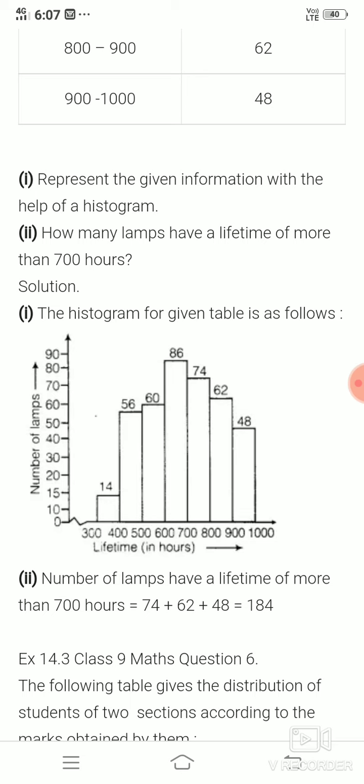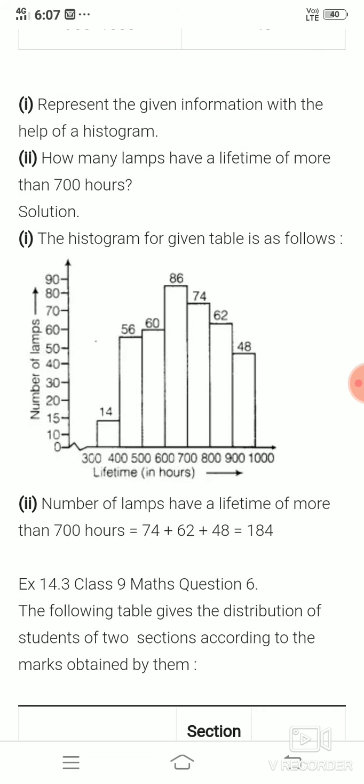You should use 10 to 20, 20 to 30, 30 to 40 like that. The given 10, 15, 20 is not uniform; sorry for this graph. The 15 is extra, so just erase it and use 10, 20, 30 like that.